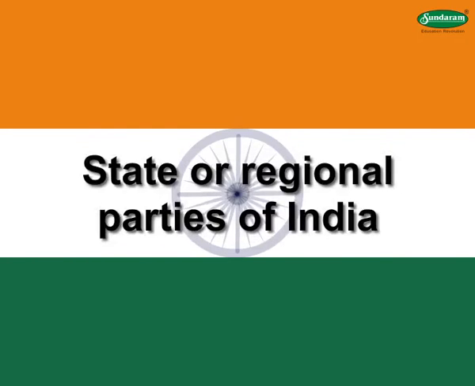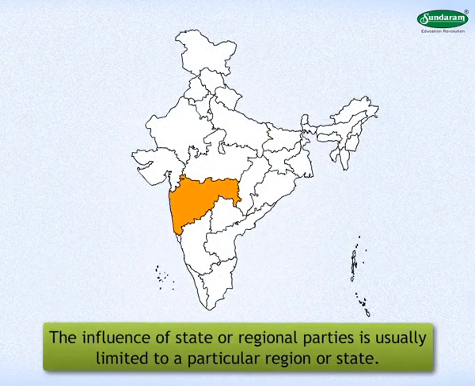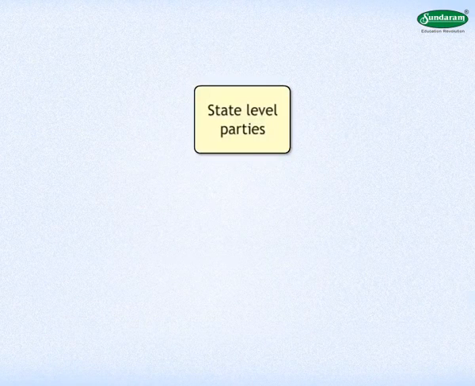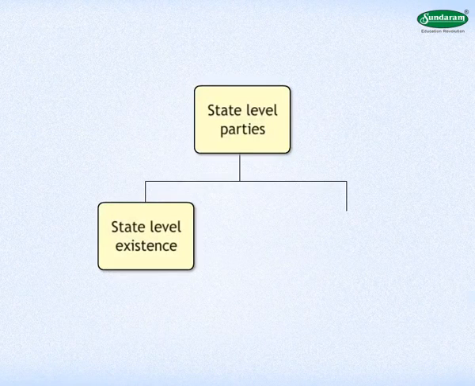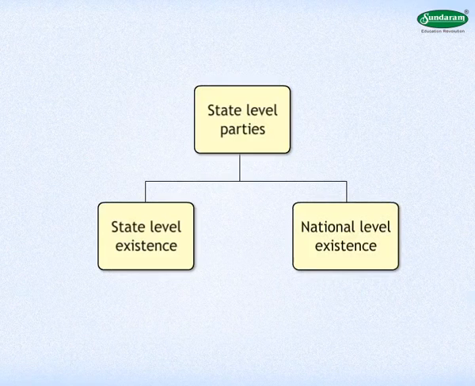Let's study some important state or regional parties now. The influence of state or regional parties is usually limited to a particular region or state. Some state-level parties limit themselves to the welfare of the state, while others have national-level existence.